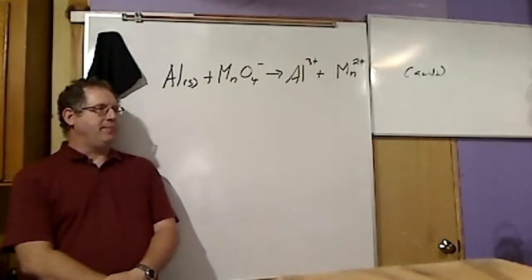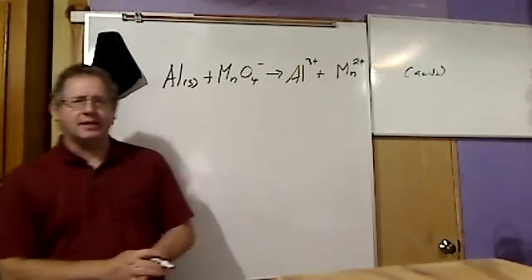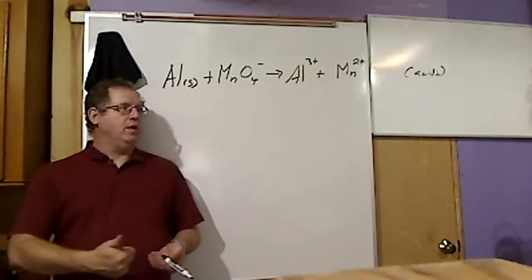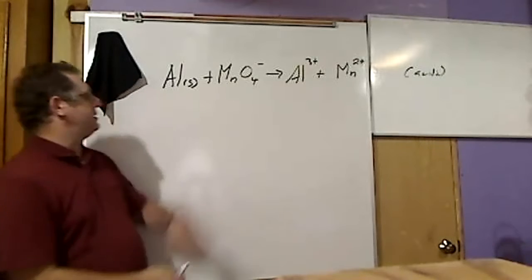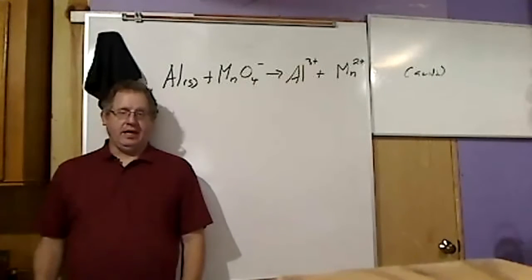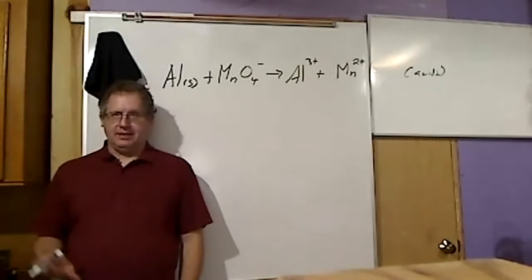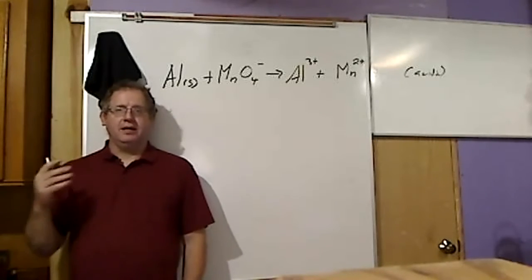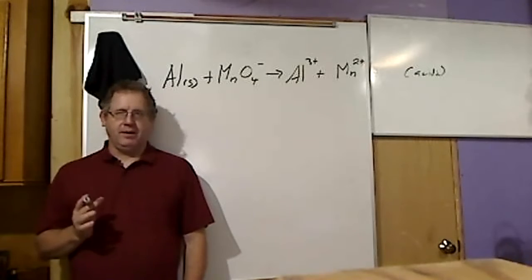So we'll go to that. Now, what does that mean that it's in acidic solution? Well, that means it's in, first of all of these are aqueous, except for, of course, the aluminum solid. And the second thing is acidic means it has a greater amount of hydronium than hydroxide. So that's going to be important for us in a little bit.